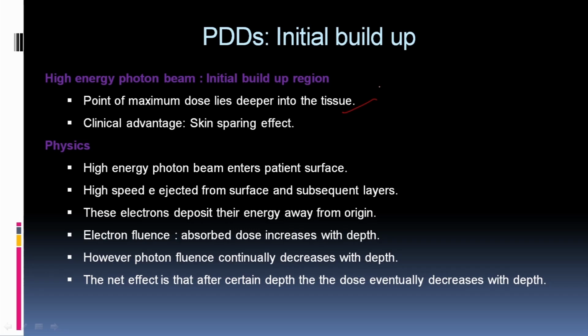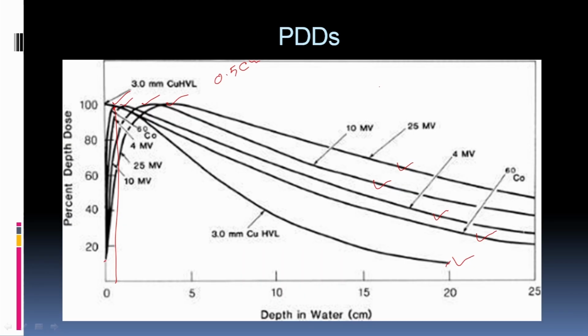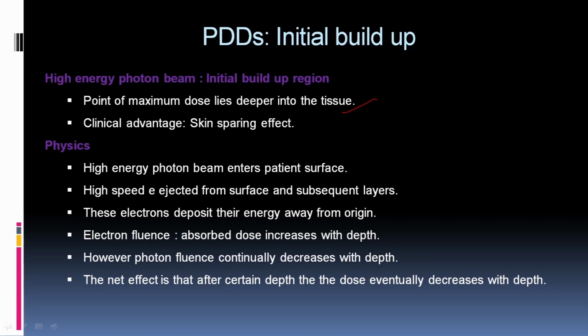But if you see the low energy or kV ranges, they start from 100%, meaning the skin will receive almost the maximum dose while treating the deep seated tumor. So this is the clinical advantage of using high energy photon beams, known as the skin sparing effect.